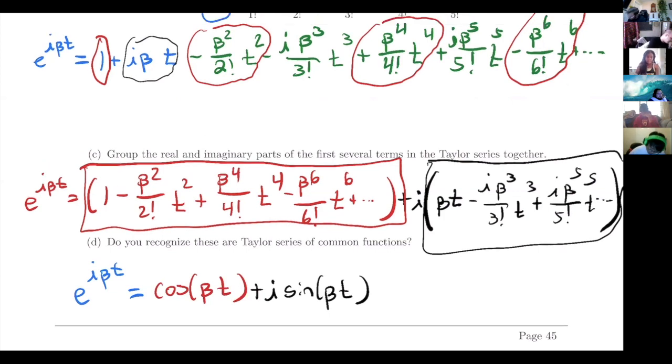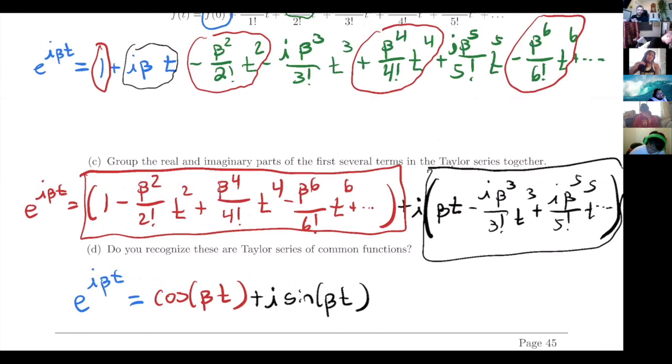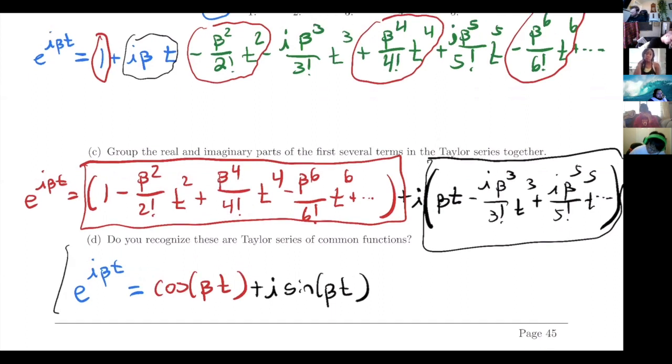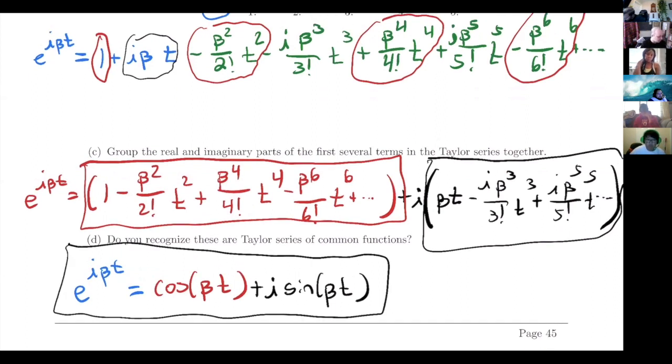So here we've got this result that when we take e and raise it to an imaginary power, we actually get a complex number that looks like cosine of beta t plus i sine beta t. And this will explain why we saw some of the sines and cosines as solutions to some of the examples we were taking a look at already.